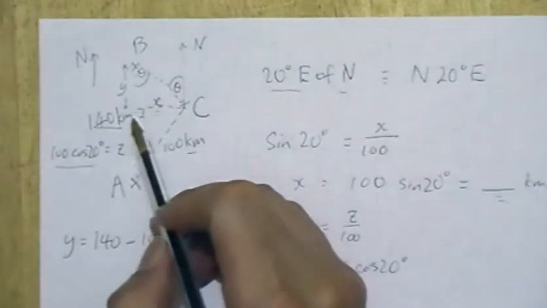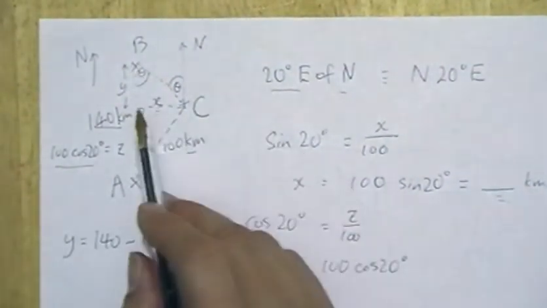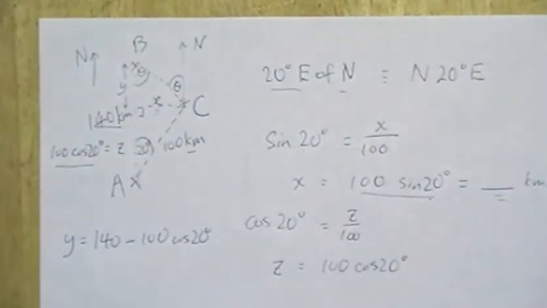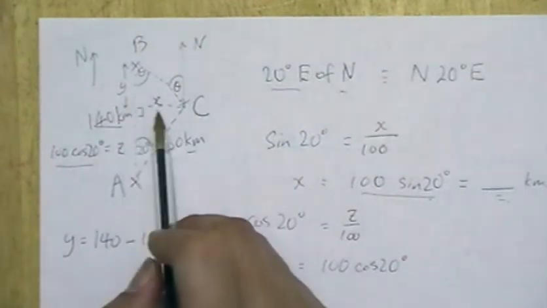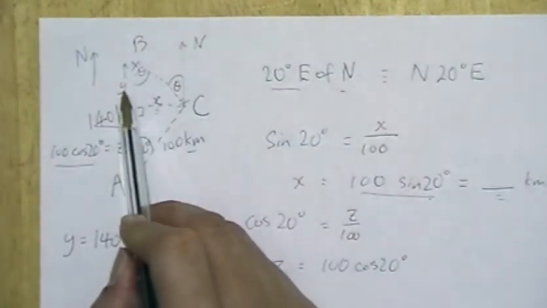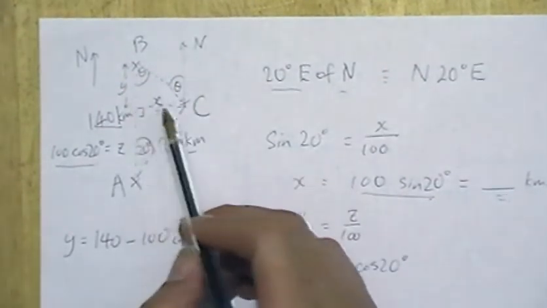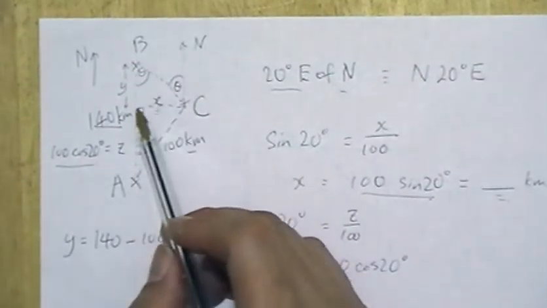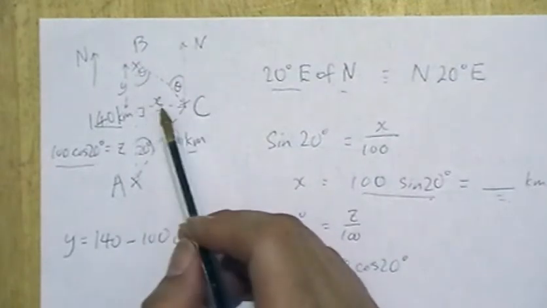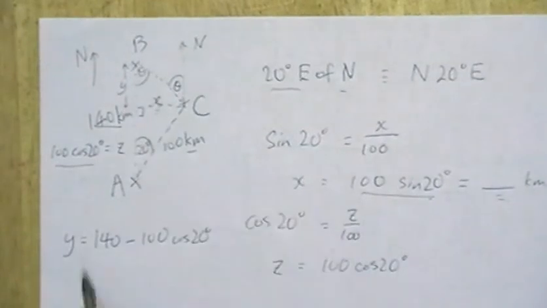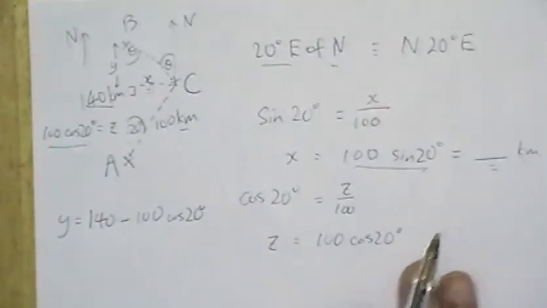Okay, so that's y. And we already know what x is. X is this. So we know x, we know y. Then we can find theta, because for this right-angled triangle, x is the opposite to theta and y is the adjacent. So they are related by tangent.